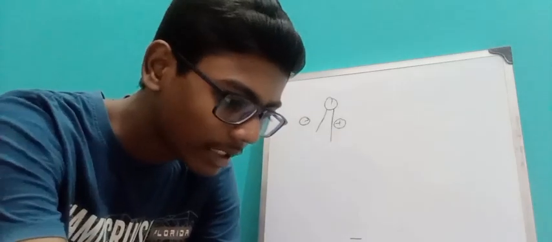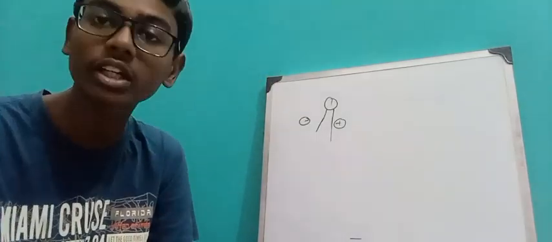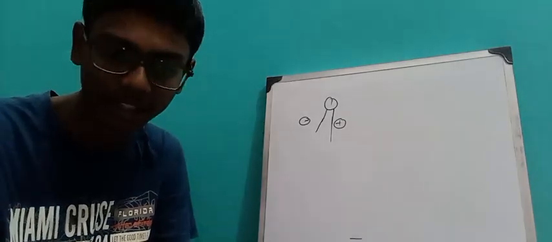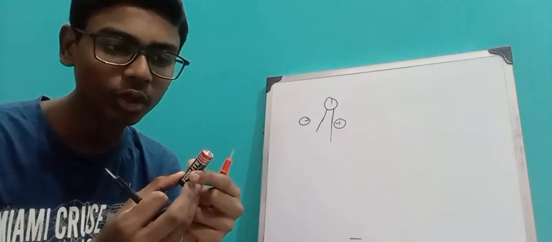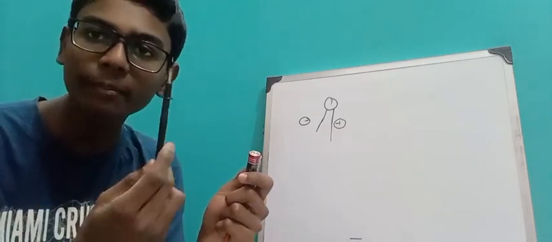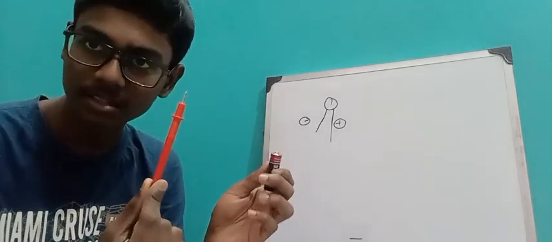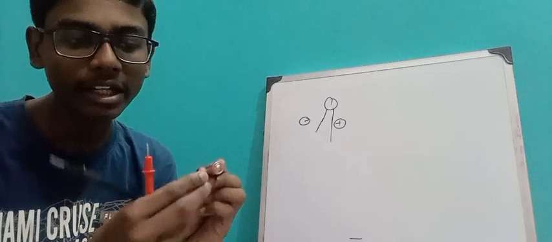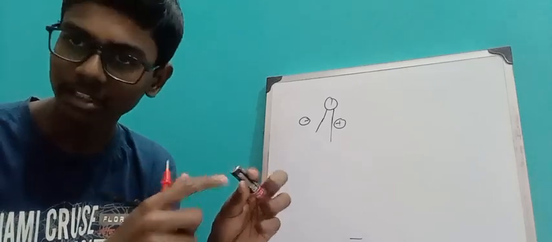Now, let me show you what I told you about, measuring the voltage of a battery. This is a 1.5 volt battery. Black represents minus, red represents plus. Here it is already written on the battery, this side is plus, this side is minus.